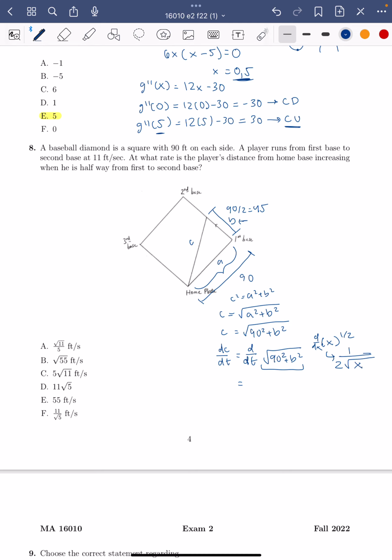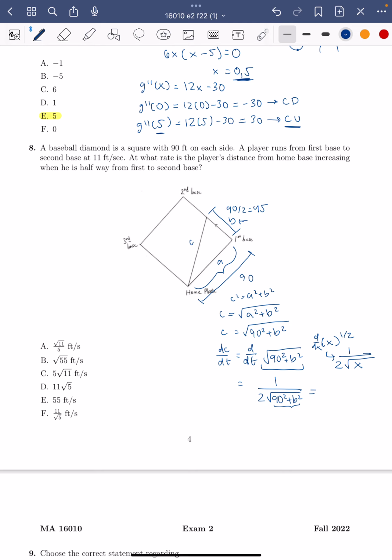So, let's go ahead and do this. We would find that this equals 1 over 2 square root of 90 squared plus B squared. Now, there's something inside of the square root other than x, so we need to use chain rule. So the derivative of the stuff inside, 90 squared plus B squared: 90 is a constant, so that would be 0.